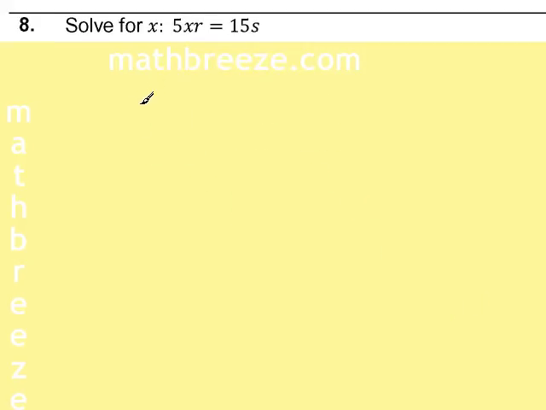In number 8, again, we want to solve for x, so let's just circle the variable that we're solving for. So we want x by itself. x is being multiplied by 5, and it's being multiplied by r. So in one division, let's divide by 5r. Divide by whatever's multiplying x, so that we get canceling.